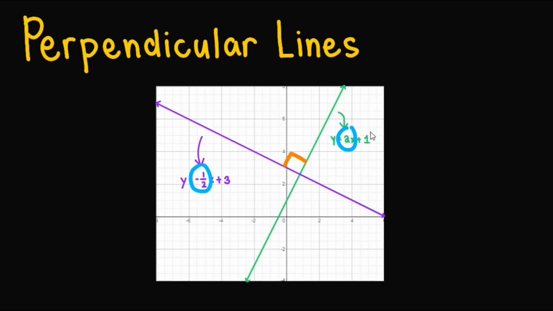Let's denote 2 as m1 and -1/2 as m2. So we have m1 equal to 2 and m2 equal to -1/2.